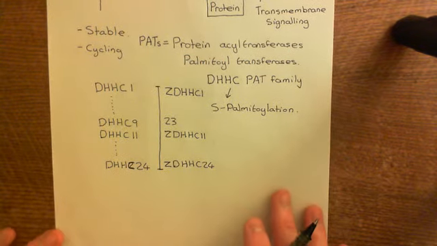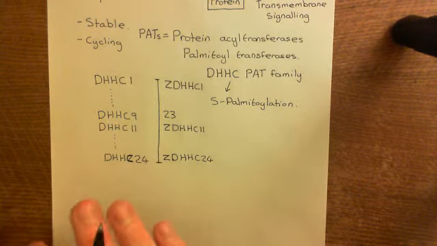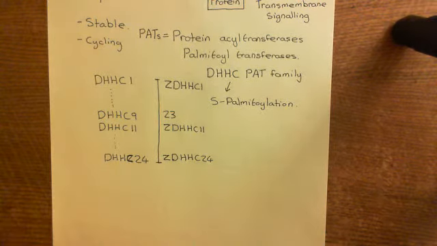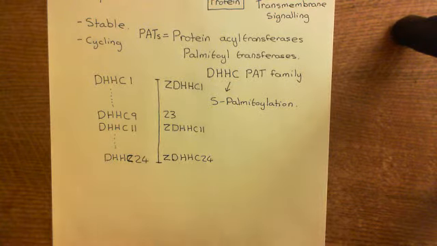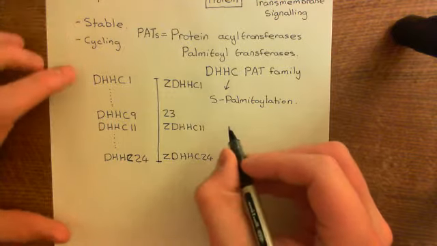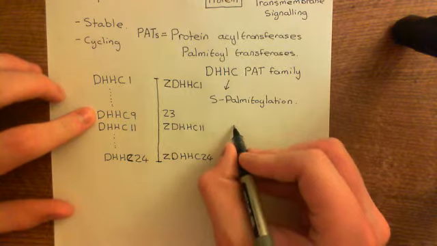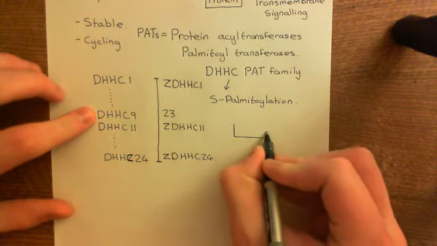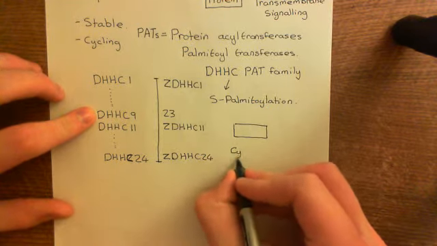So let me now discuss the structure of these proteins. Firstly, let me tell you the reason that they are called the DHHC enzyme family. In the structure of these enzymes, they all have a portion which is known as a cysteine-rich domain.